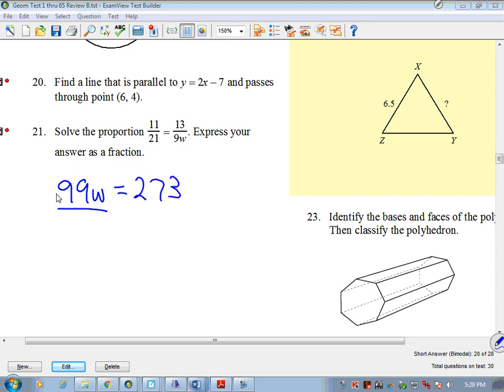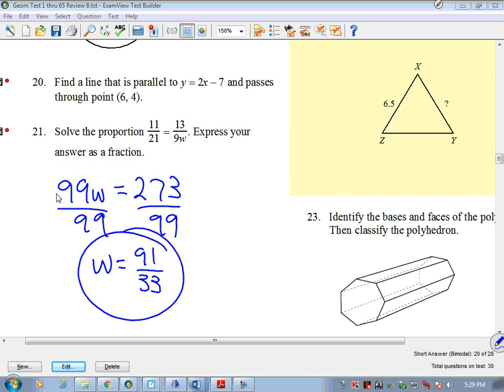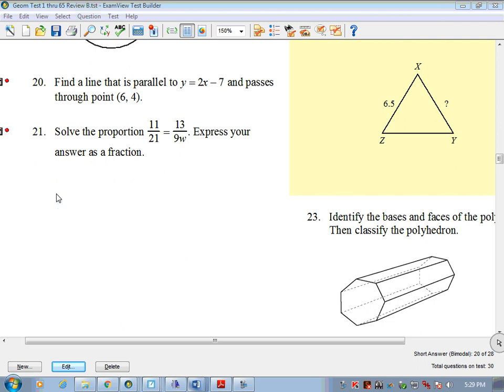Okay, divided by 99. W equals 273 divided by 99. Comes out to 91 over 33. Okay, again, we'll check that. 91 over 33 is our answer. Okay, 22.